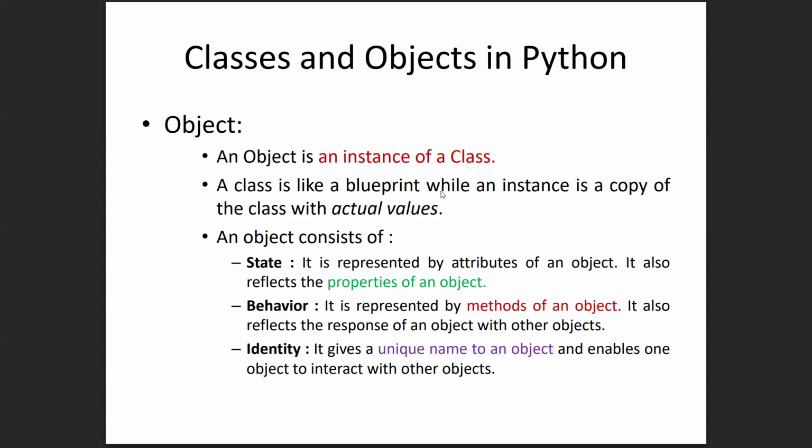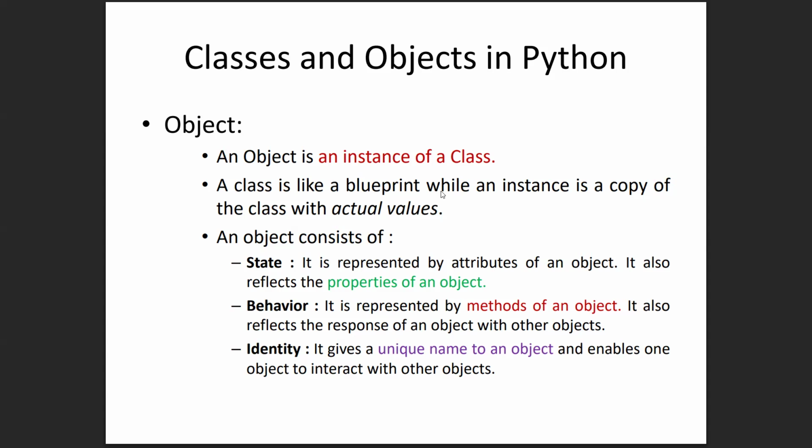Next one, identity. So what do you mean by identity? It gives a unique name to an object. Suppose we have an ID card in our college. Why do they give an ID card for us?